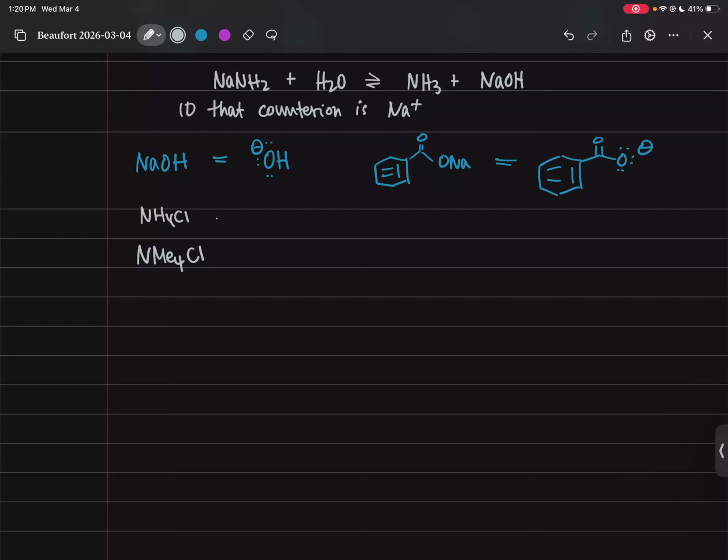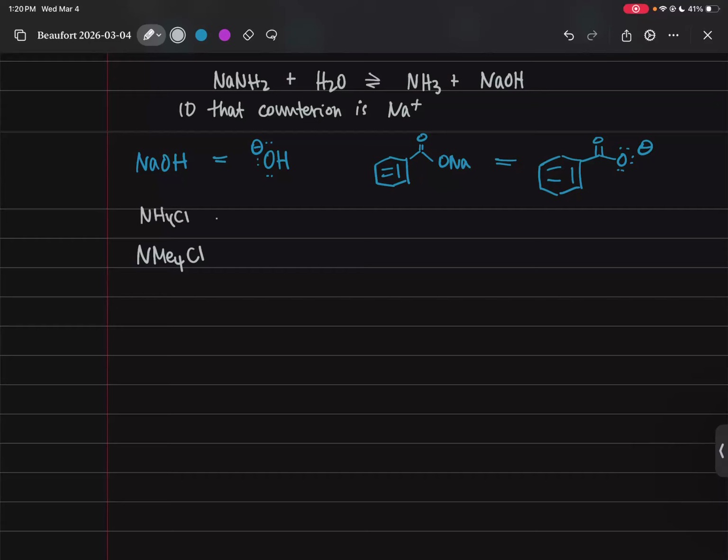Trying to think of other examples. The main thing you'll see this happen with is bases which are really salts, having some sort of alkali metal cation.